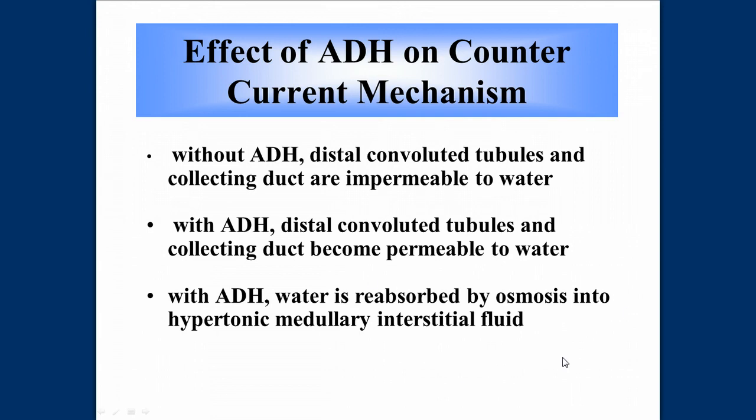The effect of ADH on the countercurrent mechanism: without ADH, the distal convoluted tubules and collecting duct are impermeable. But remember what happens with ADH, antidiuretic hormone: the distal convoluted tubule and the collecting duct become permeable. It allows water to move out. With antidiuretic hormone, the water is reabsorbed by osmosis into the hypertonic medullary interstitial fluid, into the medulla of the kidney.